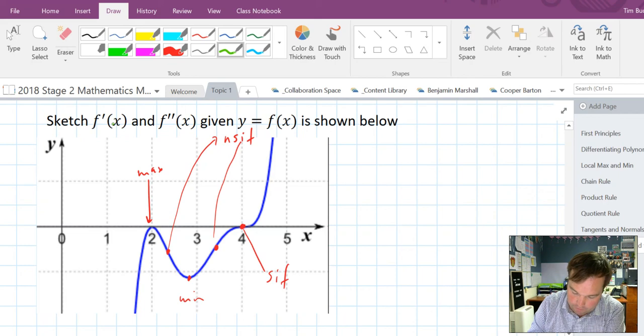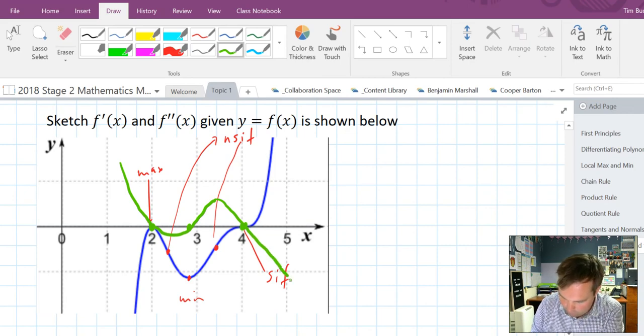So where the function has a max, the first derivative must go through 0 here, it must go through 0 there, and it must go through 0 here. Before here the slope was positive, and after it's negative. So it would go something like this. Down, up, down. Not beautiful, but the important thing is we're getting the key points right.